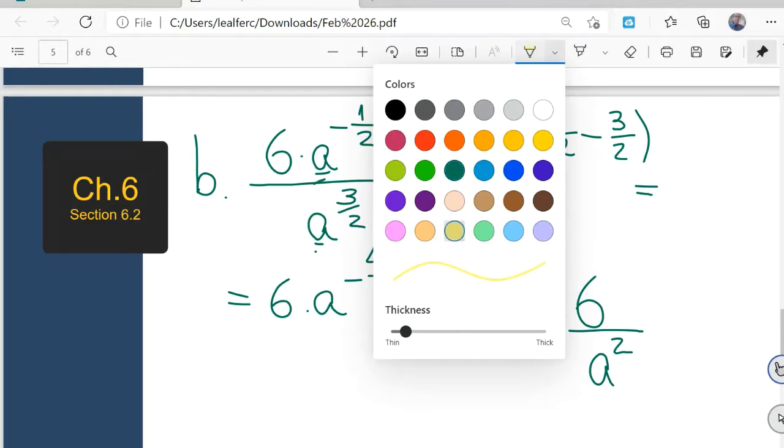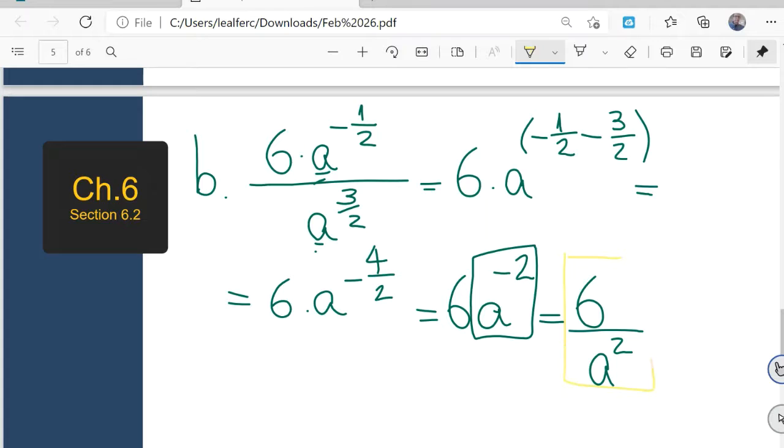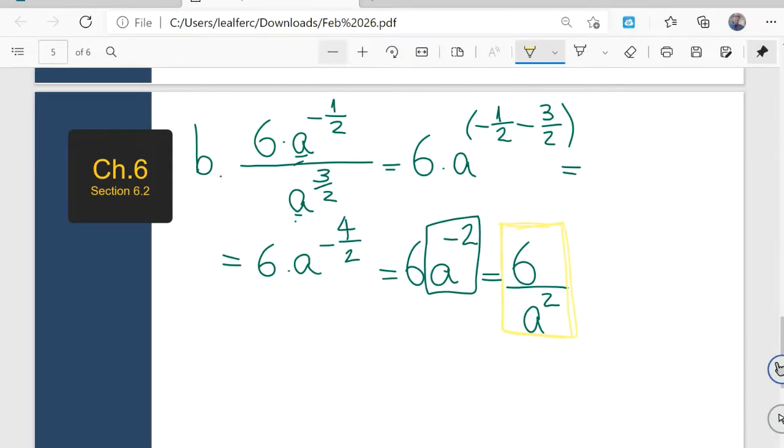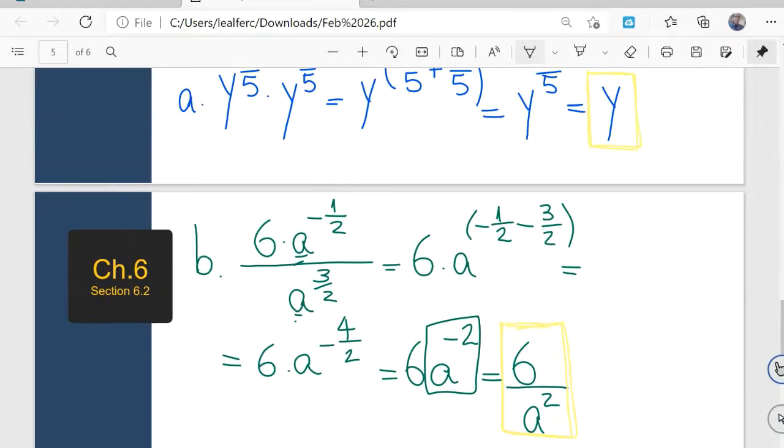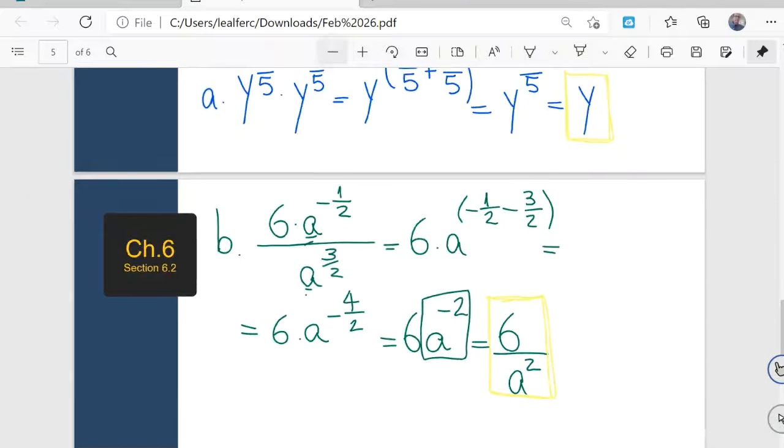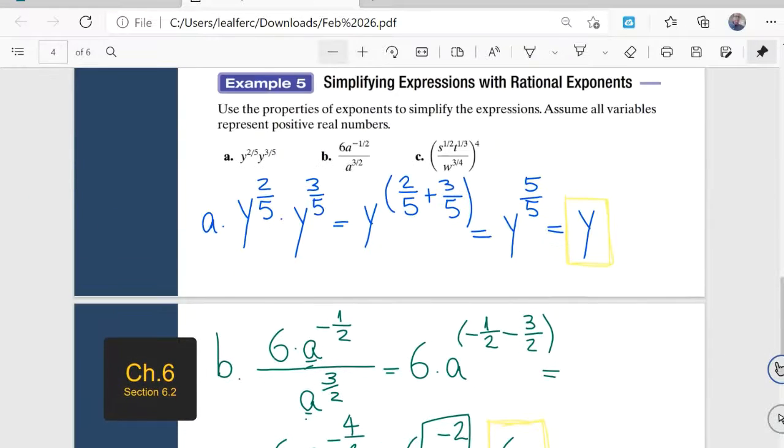Any questions? That's it. Tell me if you have any questions. Let me zoom out and show the whole thing to you. Tell me if you understand how to apply the properties.